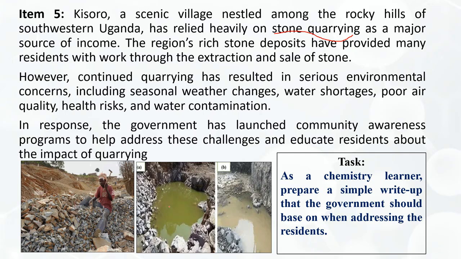So we can have two learners, one talking about the natural resource as water and human activity, stone quarrying. Another person is talking about the natural resource being affected as stone or the stones, and then the human activity is stone quarrying.